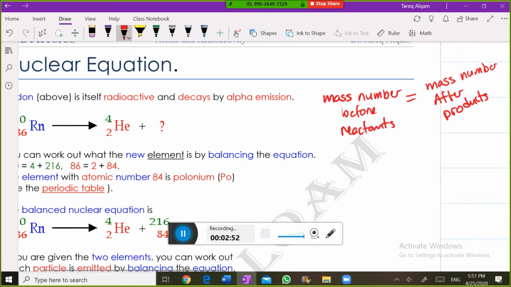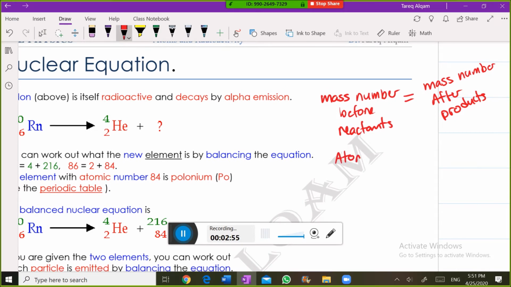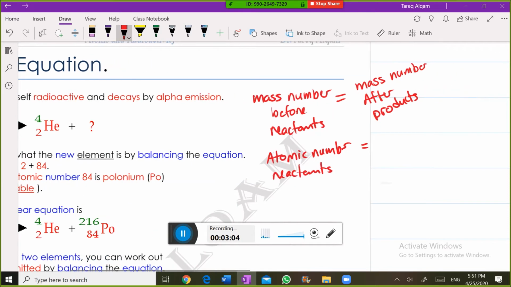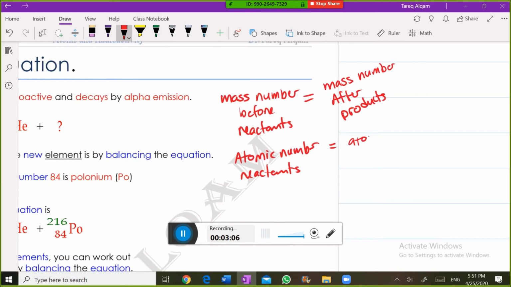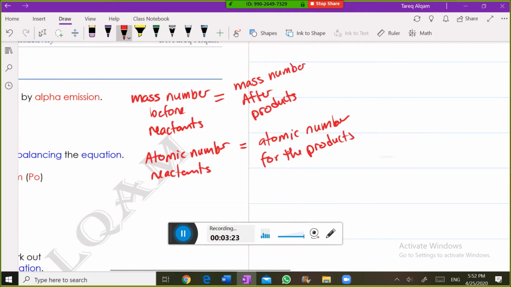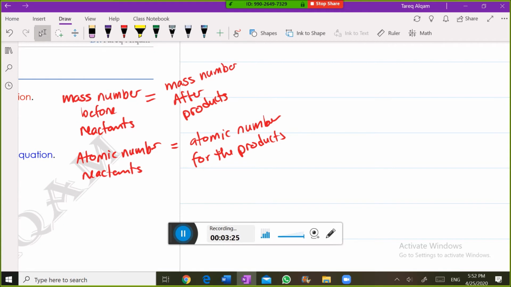Right? Also, the atomic number for the reactants must be equivalent to the atomic number for the products. Okay, so basically we can use this to predict the element that will be produced after this nuclear reaction.